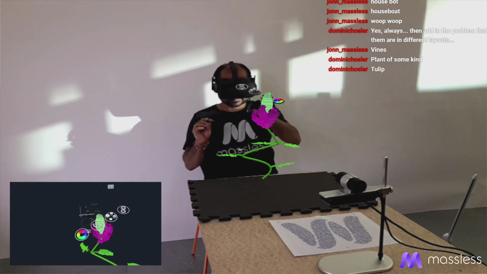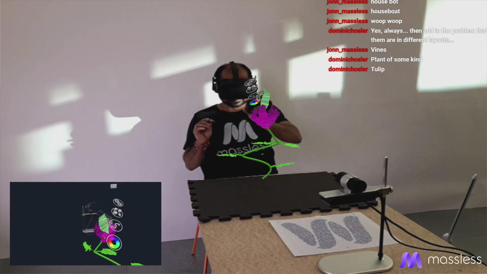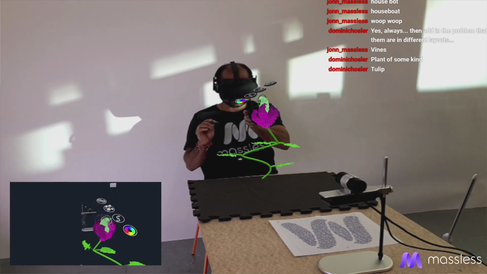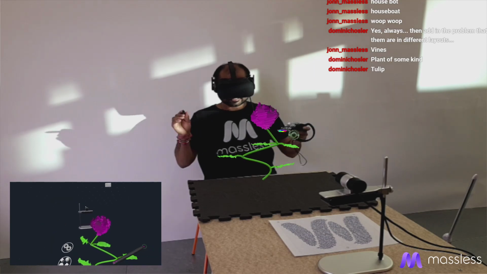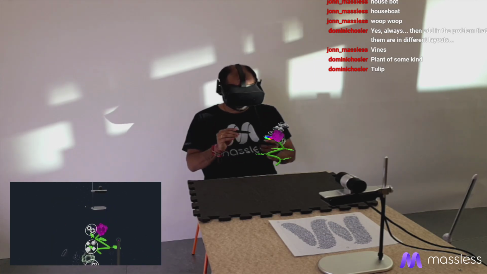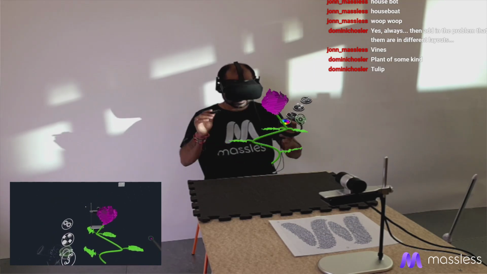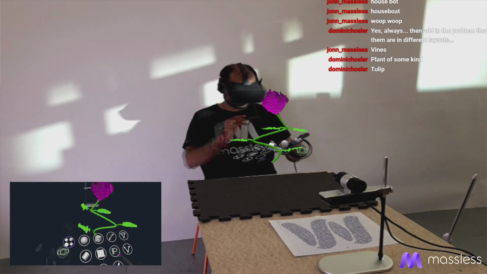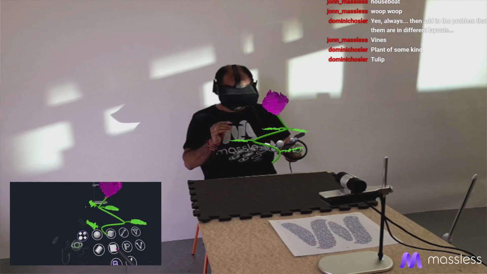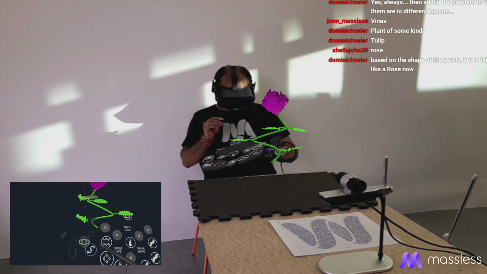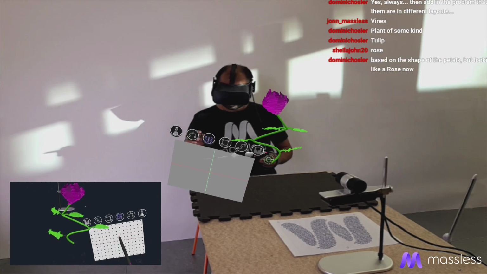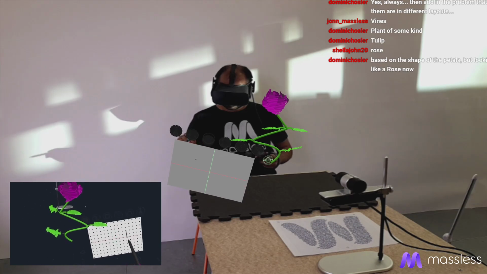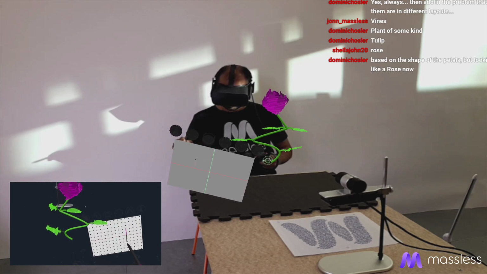We've got tulip. Wow, that's specific. Very specific. Okay. That's the starting point. That's a great starting point. Okay. We've got a rose. Dominic's saying based on the shape, I would say it's a rose too now.